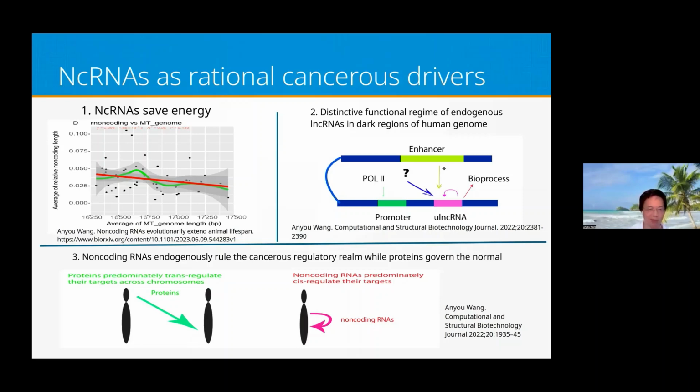How come? Because the human has more non-coding RNA, long non-coding and all the non-coding. That's why the human can survive.